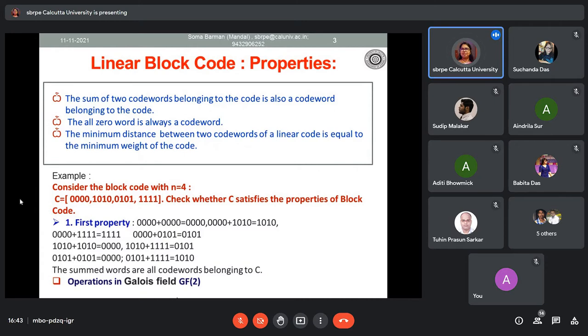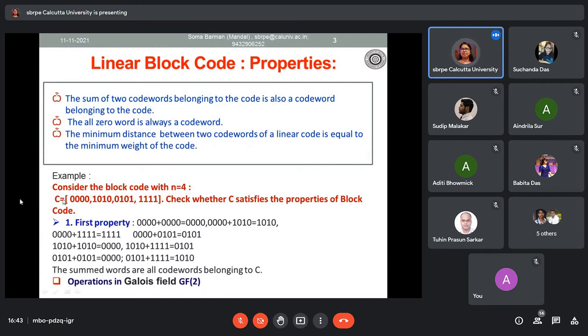Now, if I take an example, the properties will be much clearer. Suppose a linear block code with n equal to 4. That means after addition of the redundant bits, the code length that is generated is equal to 4.